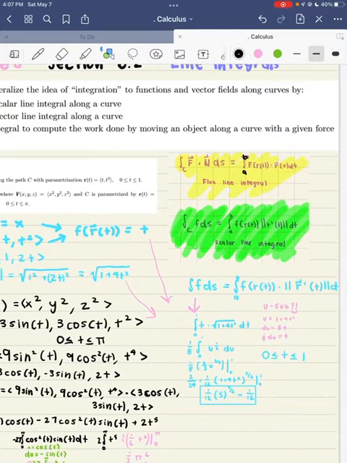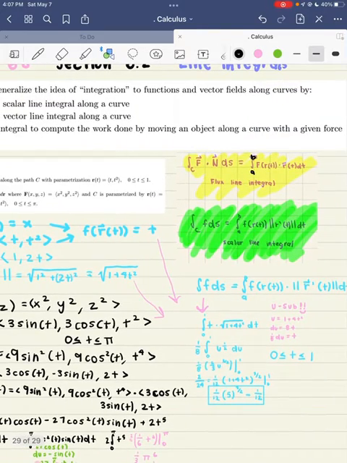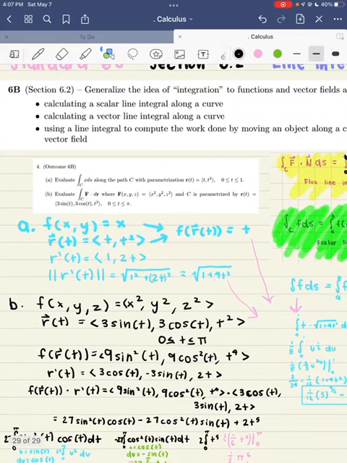Looking right over here, I can automatically see that we're going to be using a scalar line integral because the form is the same. So the first thing I like to do is just to write everything out. First, f of x, y is equal to x, and I just know this from the integral. And then r of t is t comma t squared, and I just got that right from the question.